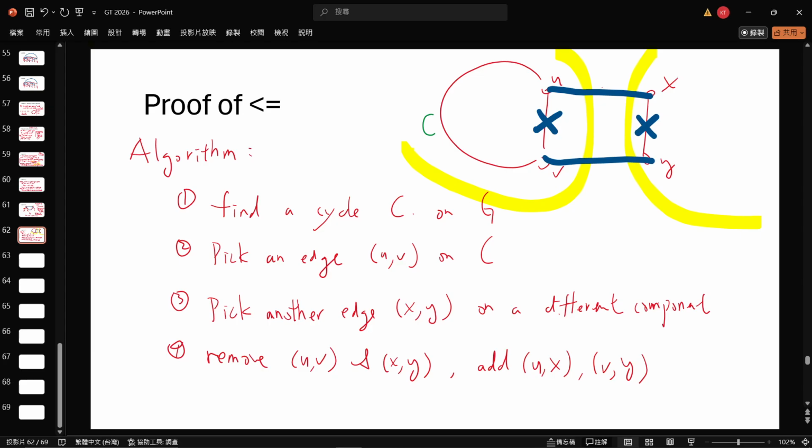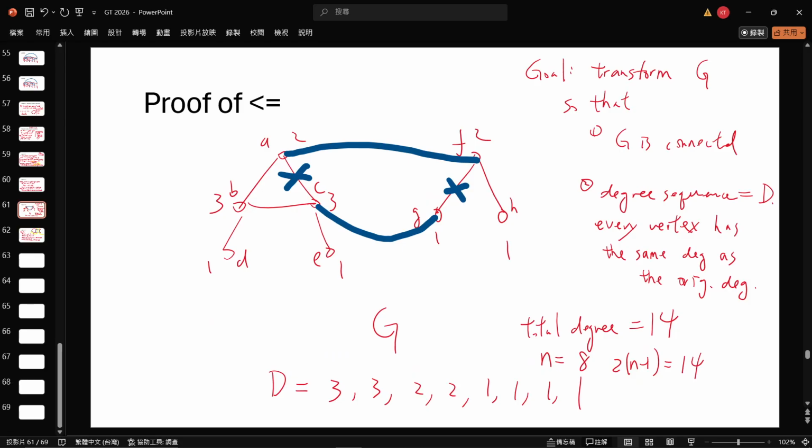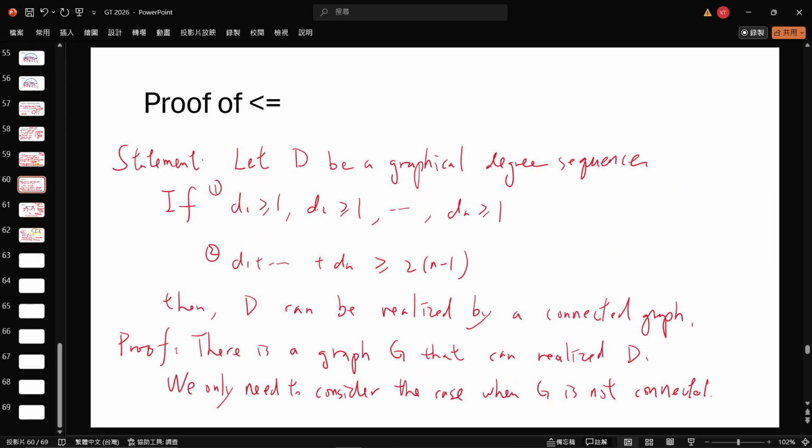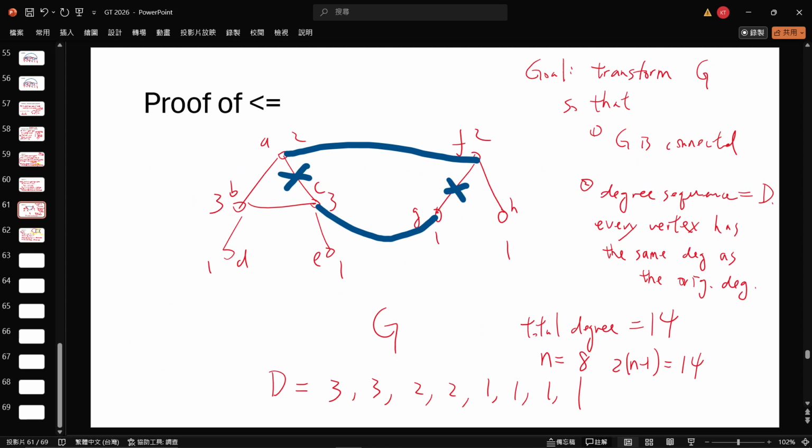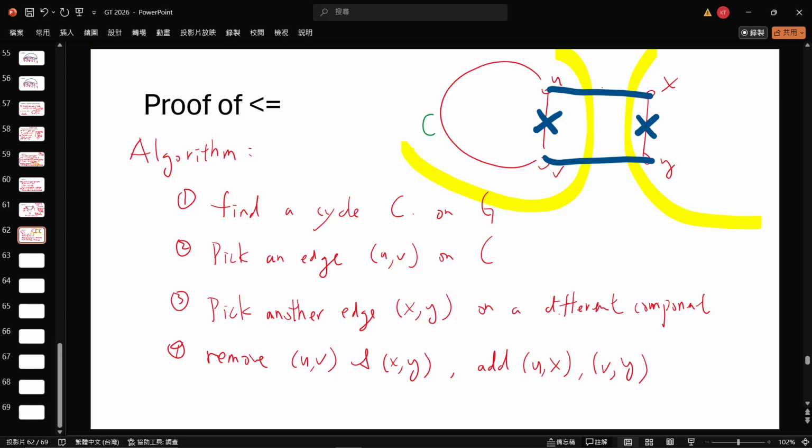So in the third step, we can always find a different component because the graph is disconnected. Recall that we only need to consider the case when G is disconnected, which means there must be multiple components, at least two. So we can for sure find a different component, but is it always true that we can find an edge on a component?